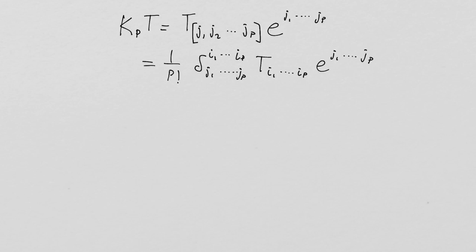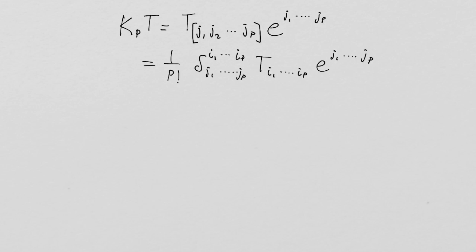And so this generalized Kronecker delta function is what calls out the sign for the component. So that's the part that makes all the antisymmetry work. And we learned about what the generalized Kronecker delta function was in an earlier lesson. And then this is the component of the underlying tensor that we are antisymmetrizing, and this is the basis vector.